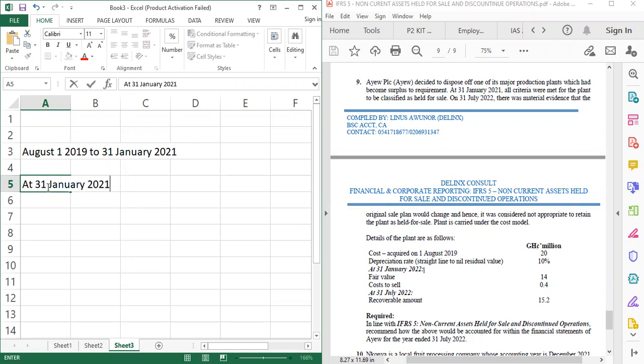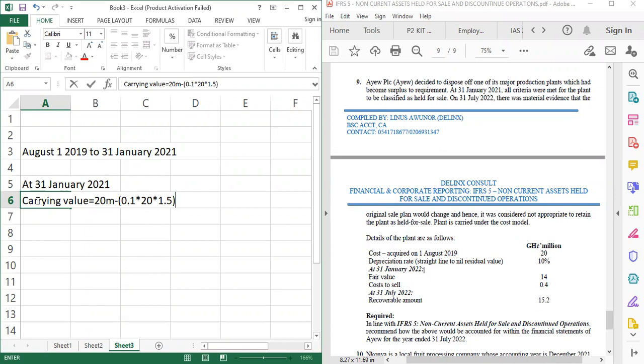So at 31 January 2021, what is our carrying value of the assets? What will be our carrying value? Carrying value will be the cost minus the accumulated depreciation, which is 20 million minus (0.1 times 20 times 1.5).